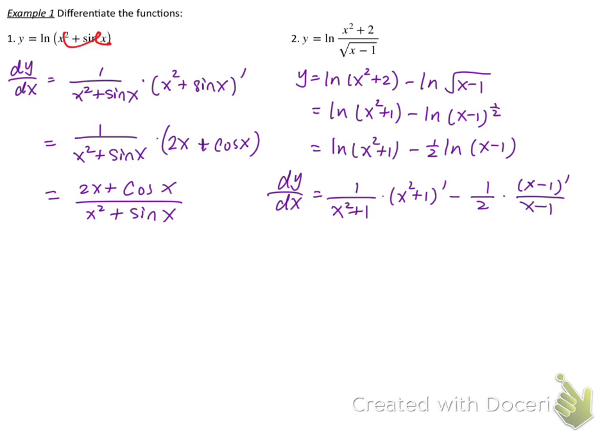So this gives me 2x over x squared plus 1, minus 1/2 times 1 over x minus 1. Oh, I'm sorry, this is 2. Yes, it's 2 everywhere, also here. It doesn't really change the derivative, but the denominator should be 2. Sorry about that.